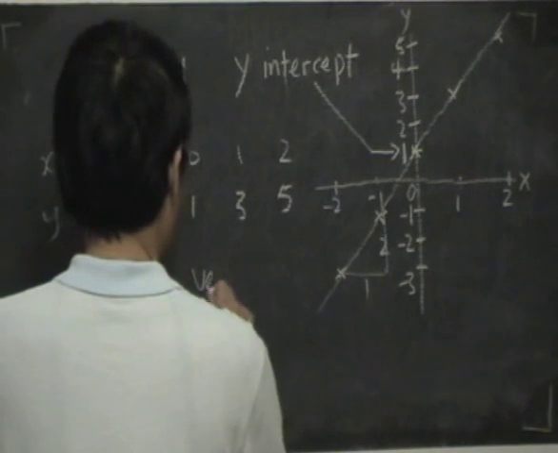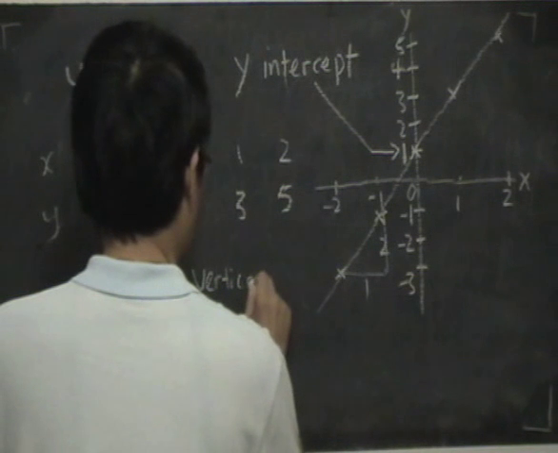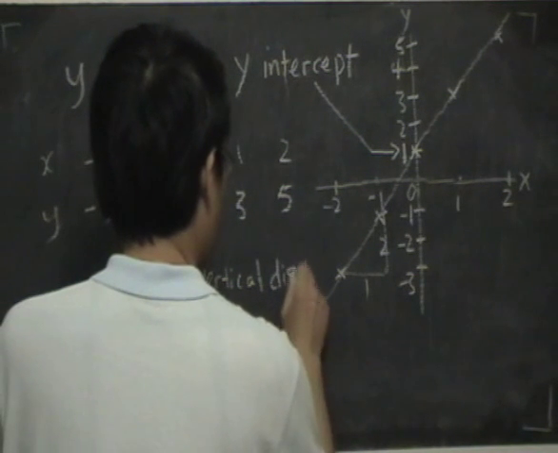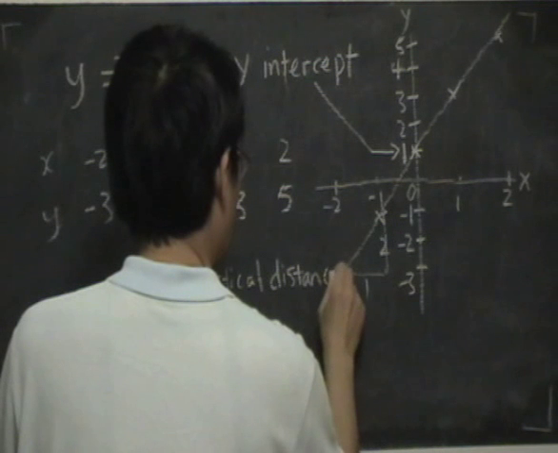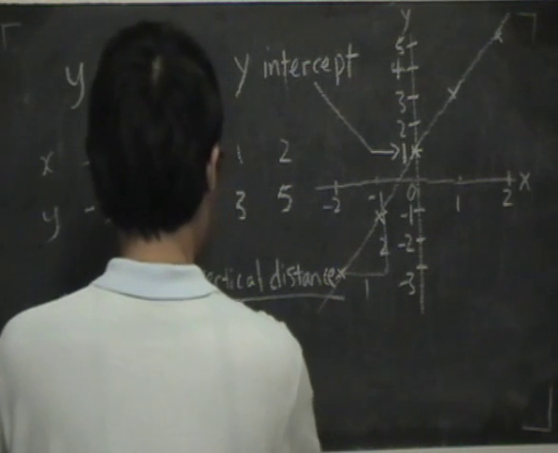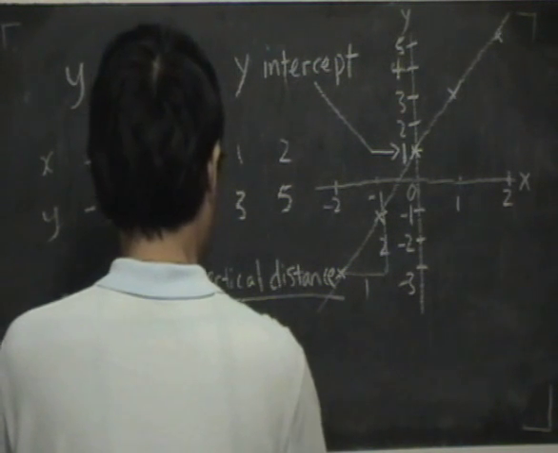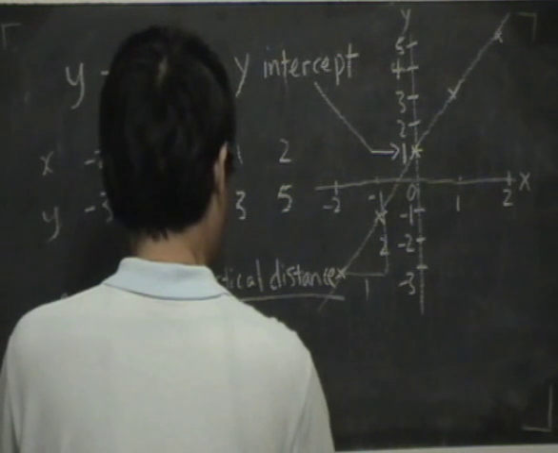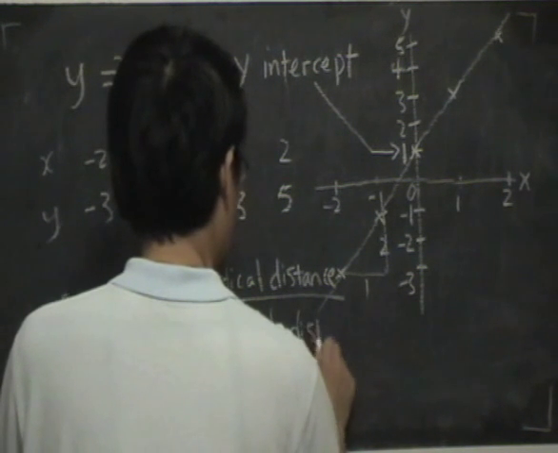So vertical distance divided by horizontal distance.